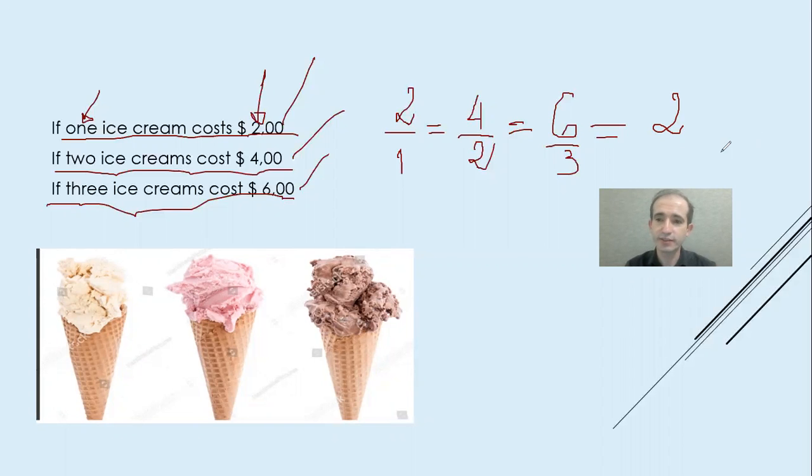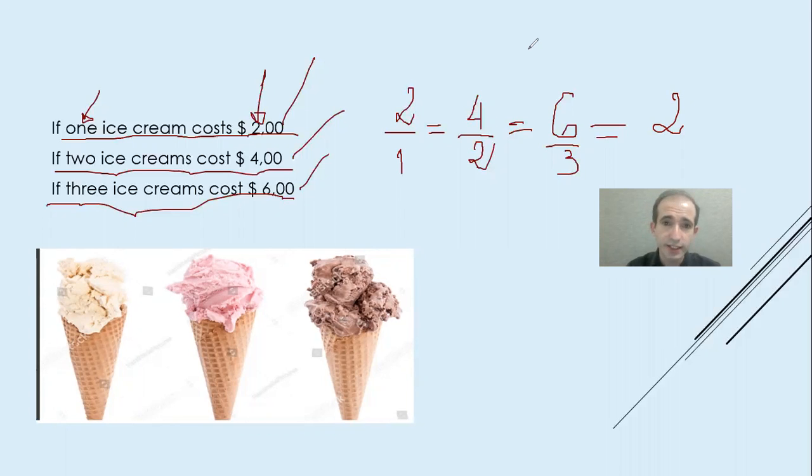In this case, we have information that is proportional, and it is directly proportional, because as one piece of information increases, the other one also increases, okay? In this case, we have directly proportional information.